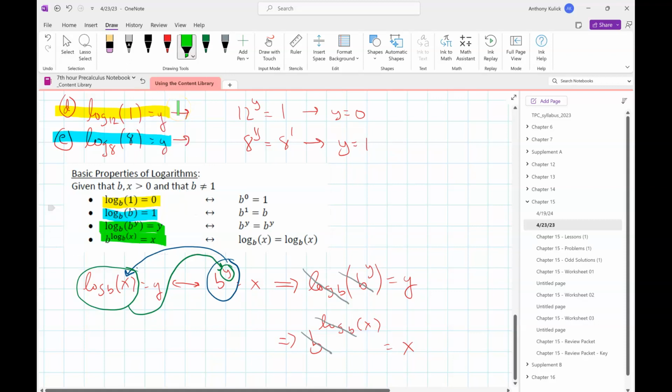These two ideas are the most important concepts to walk away from in this chapter. If you can keep that straight, that that's how we cancel out an exponential or how we cancel out a logarithm, everything moving forward will be considerably easier. That is the core concept that we're going to see in chapter 15, this inverse relationship between exponentials and logarithms.